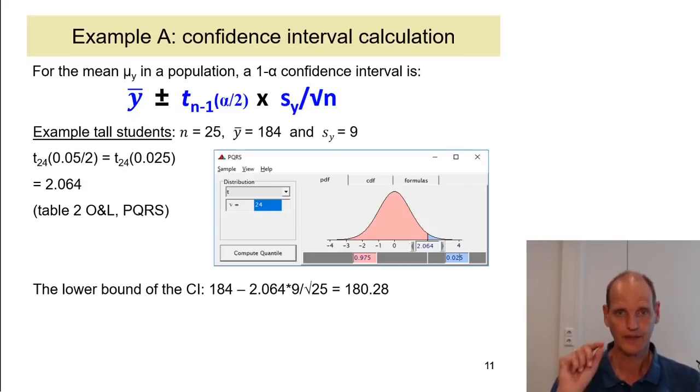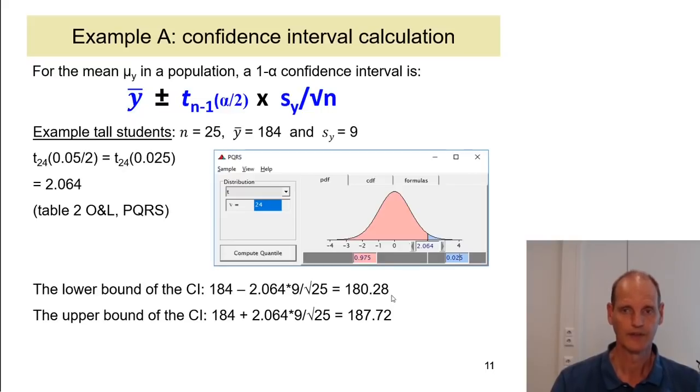You could also find that in Ott and Longnecker. So the lower bound of the confidence interval is y bar 184 minus the t value 2.064 times standard deviation 9 divided by square root 25. And that happens to be 180.28.